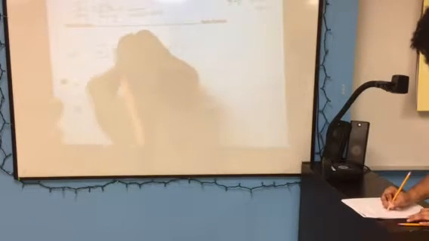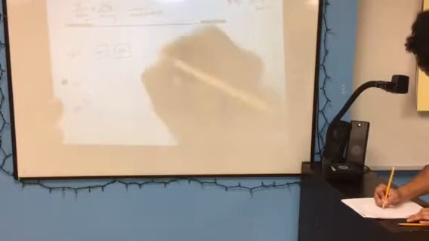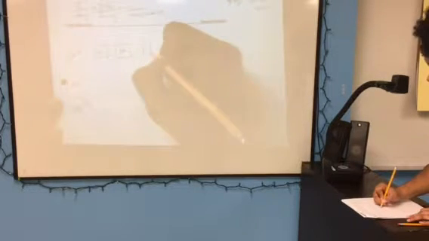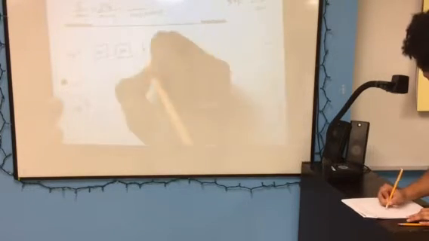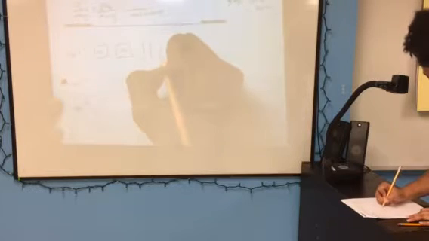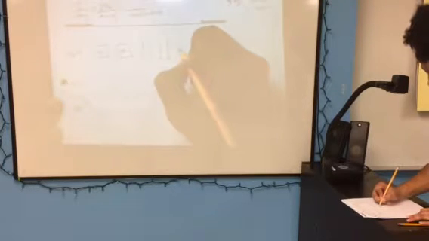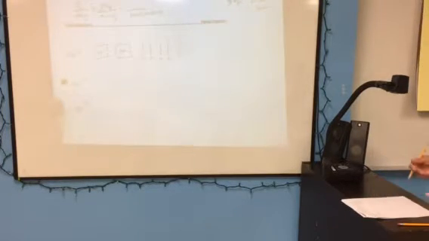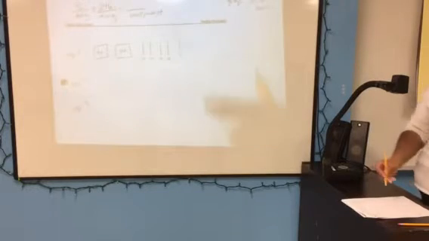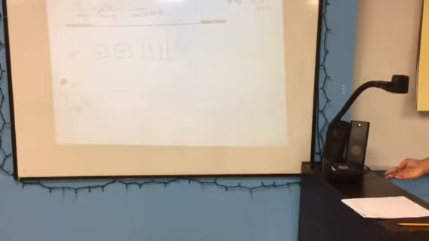A second block represents 200. Then 10, 20, 30, 40. I'm labeling, that's 10, right? I'm not counting on, I'm actually labeling right now. And 6 singles. 1, 2, 3, 4, 5, 6. You'll see this done with the singles going out as well. Both are fine.